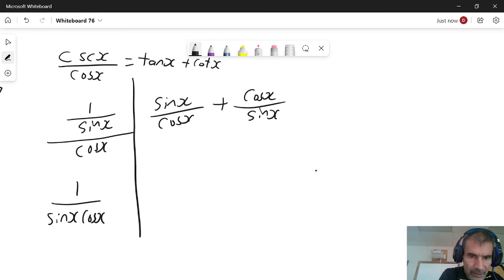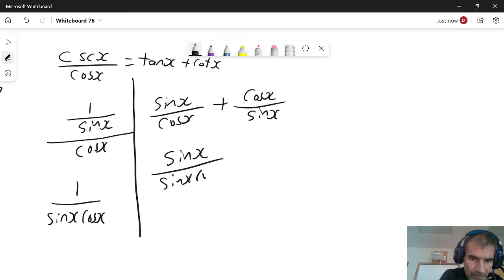So I'll multiply this top and bottom by sine x. And the reason why I want a common denominator is I want to combine these two fractions. I want to be able to add them. So I've multiplied that top and bottom by sine x. I'm going to multiply this top and bottom by cosine x.